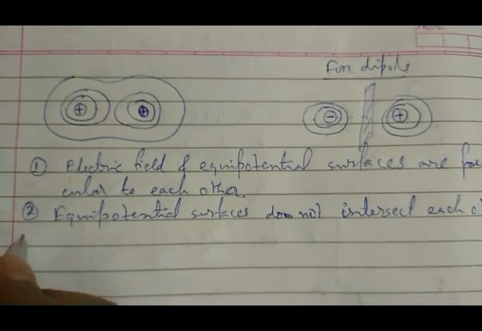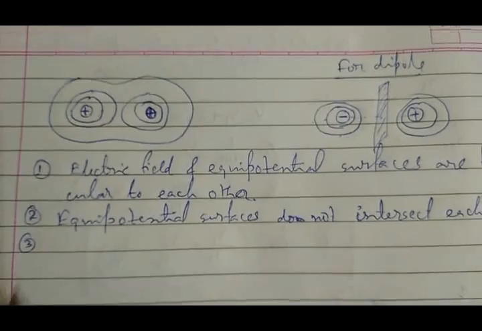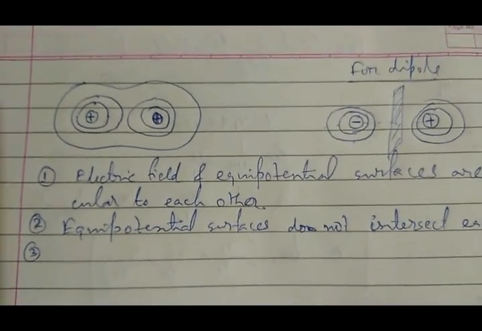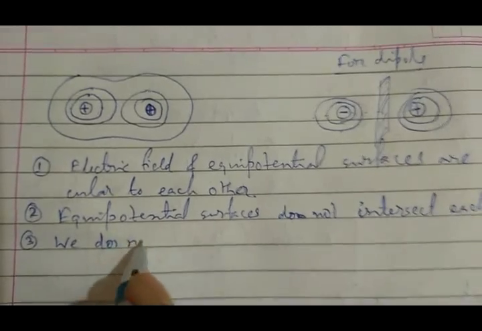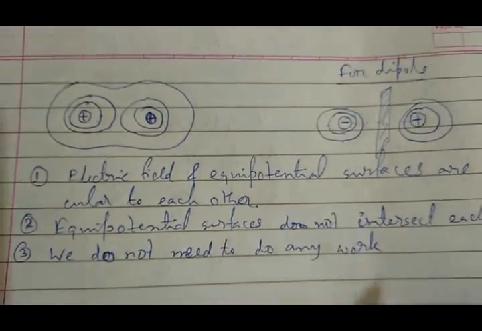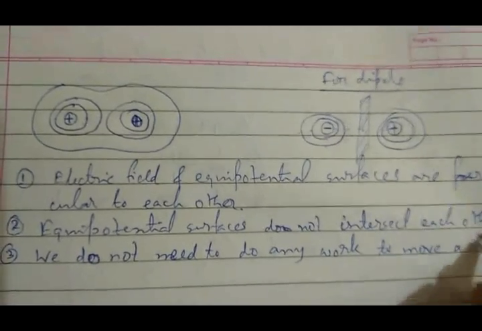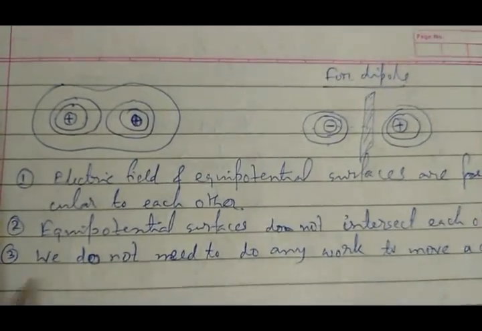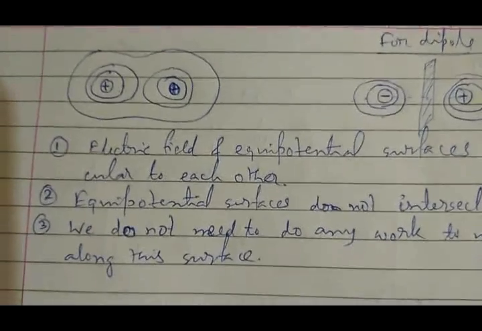Third, since the potential throughout the surface is the same, we do not need to do any work to move a charge along this surface. So these are some of the properties of equipotential surfaces.